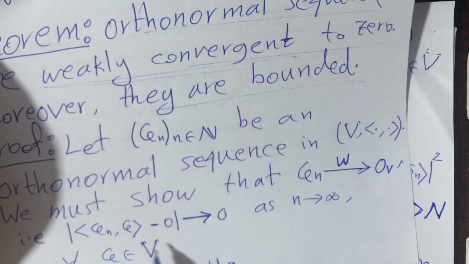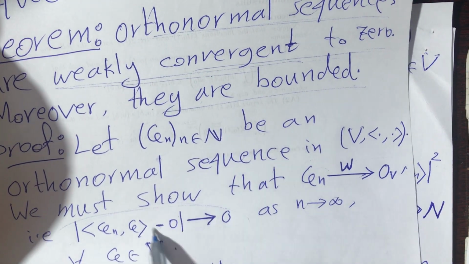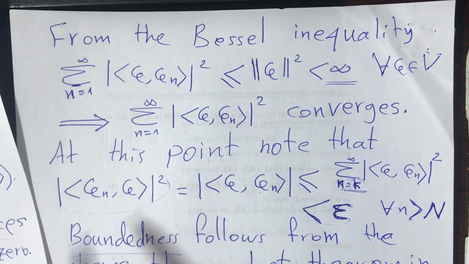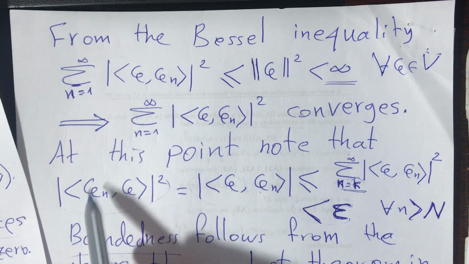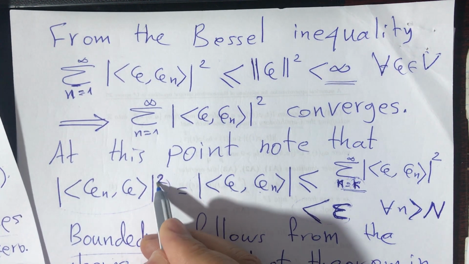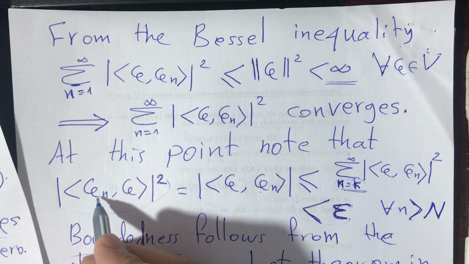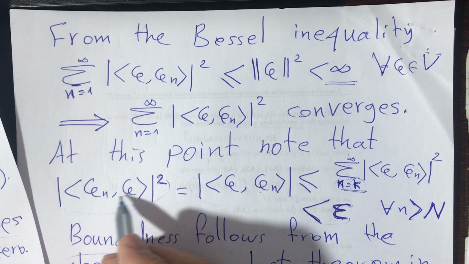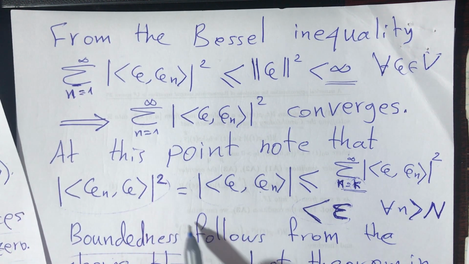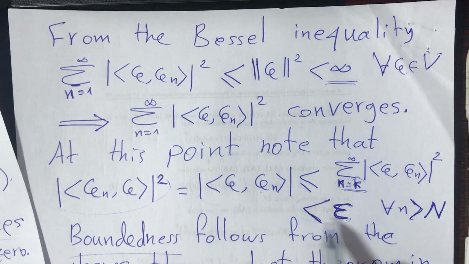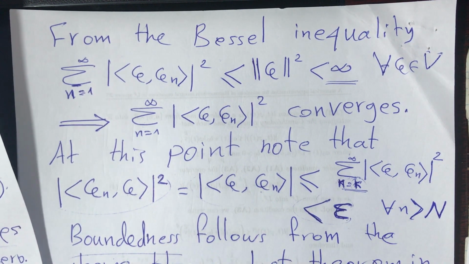So the inner product of phi n and phi minus 0 goes to 0 as epsilon goes to 0.